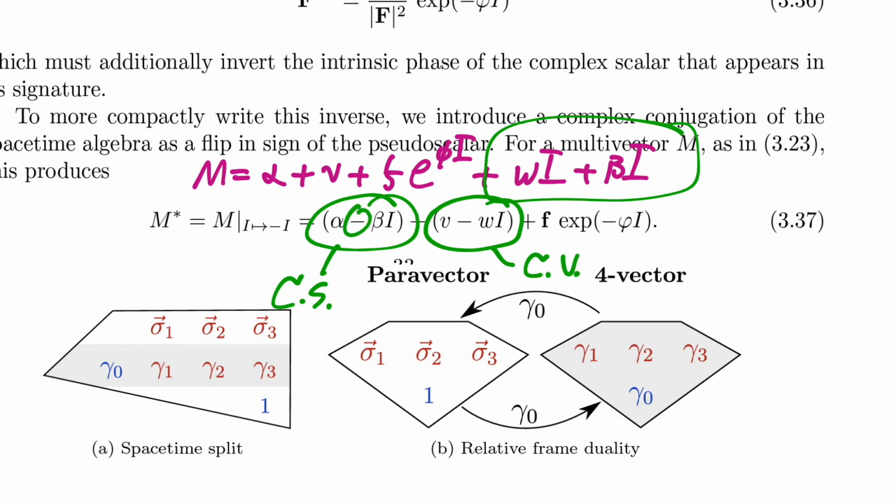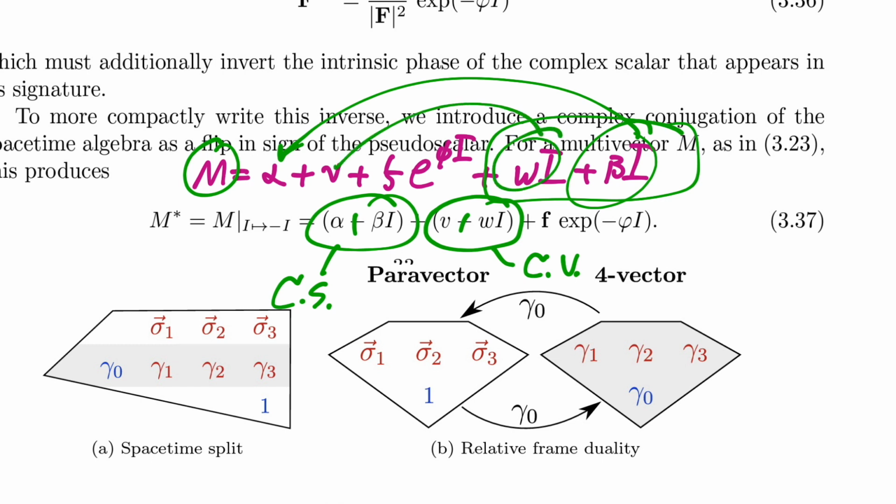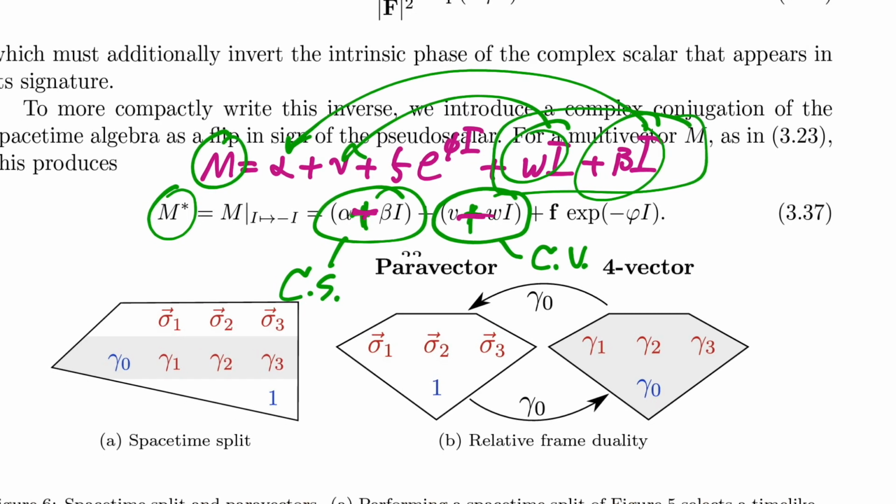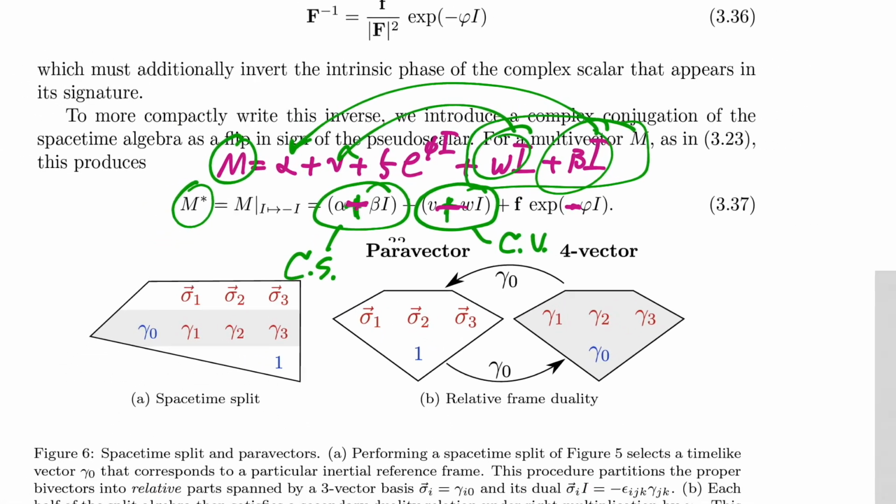And they've just changed the sign in the complex scalar and complex vector. Normally, this would have been a plus and a plus, right? If I take M and combine it into a complex scalar part, I would have merged this with A, and merged this with V, and there would have been plus signs there. But we're taking the complex conjugate, so we switch those to minus signs. This one too. Okay, not hard.